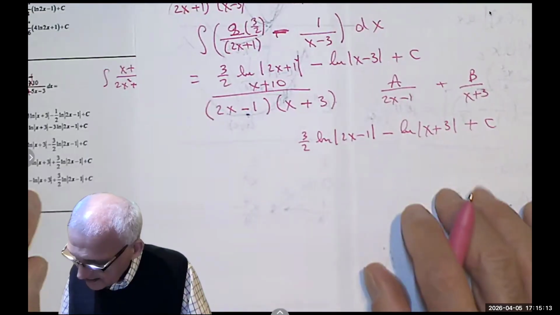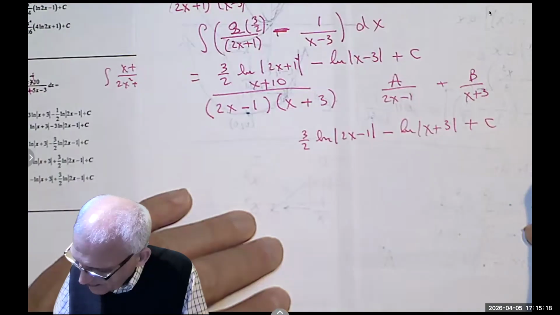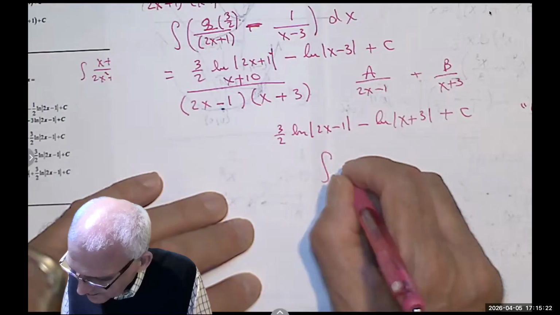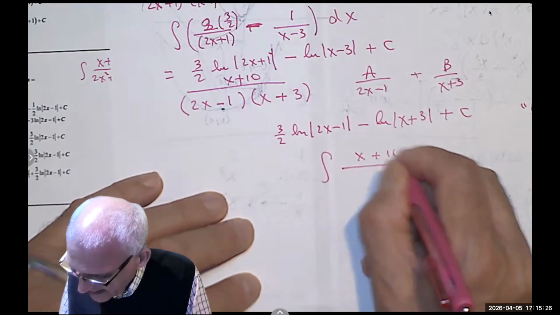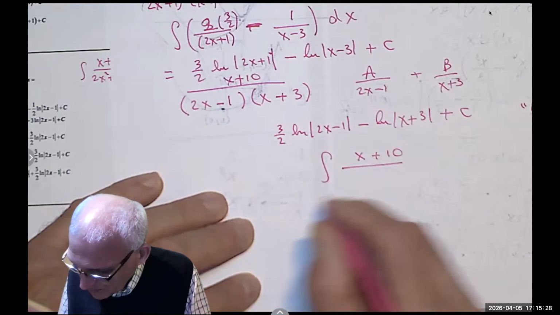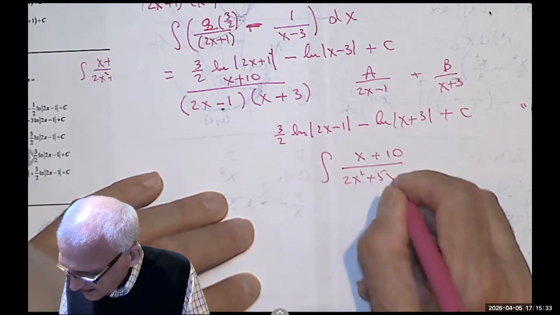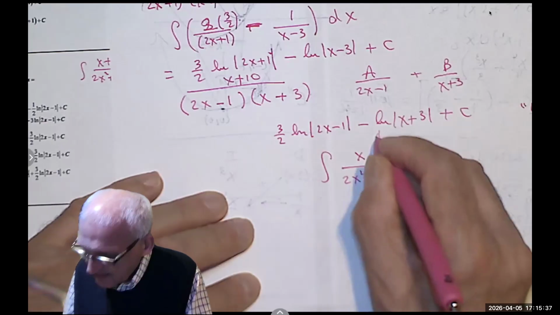And that is the last one, e. But the problem was the integral of x plus 10, as they wrote it correctly, over 2x squared plus, not minus, 5x minus 3 dx. And this is the answer.